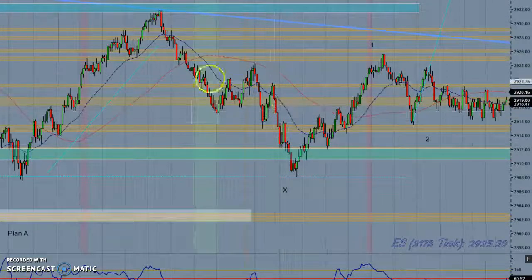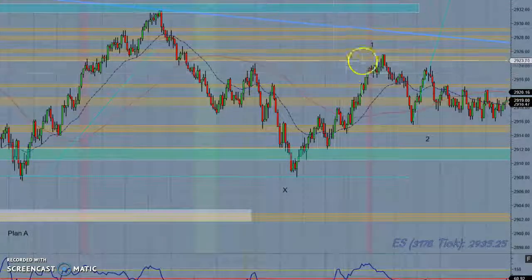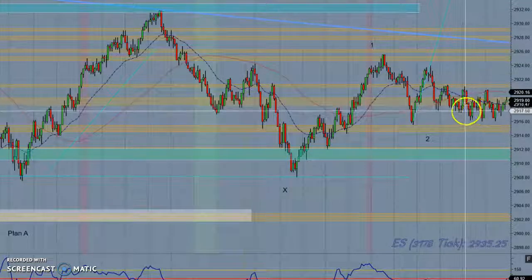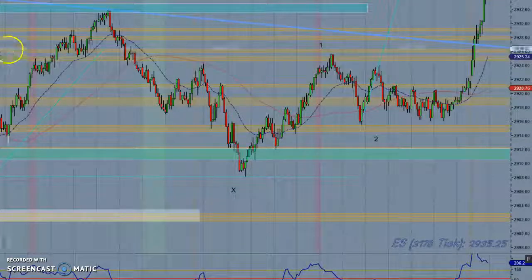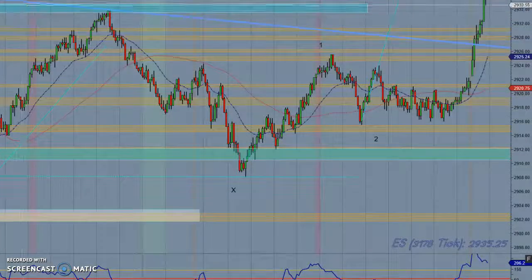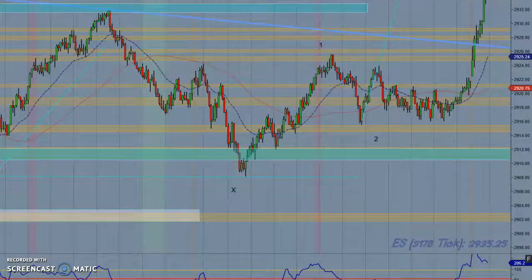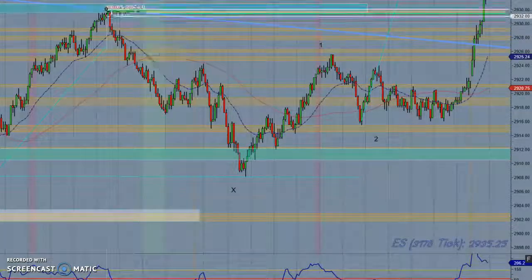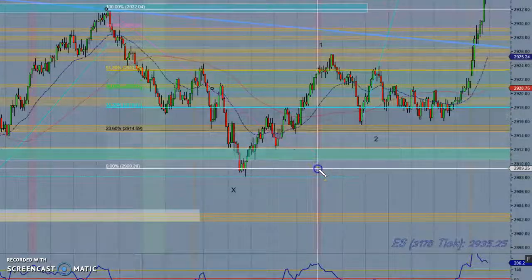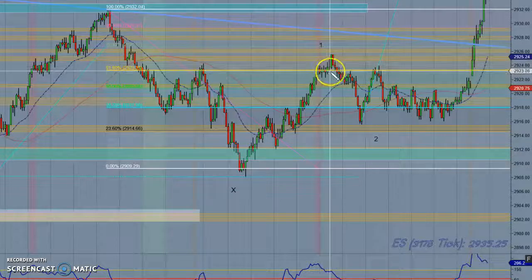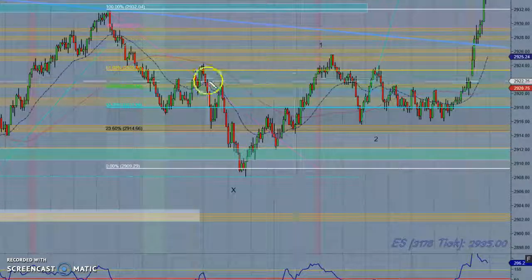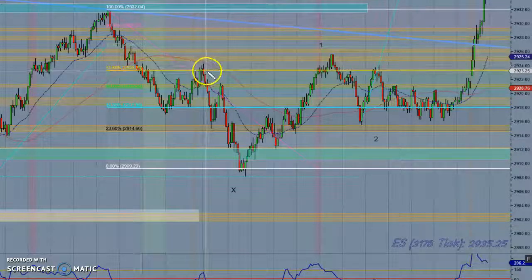And why did we turn right here? Okay? That is an impulse wave from here all the way down right here. It didn't turn all the way to the diamond 618 because you don't have a structure. See, you got only one right there.